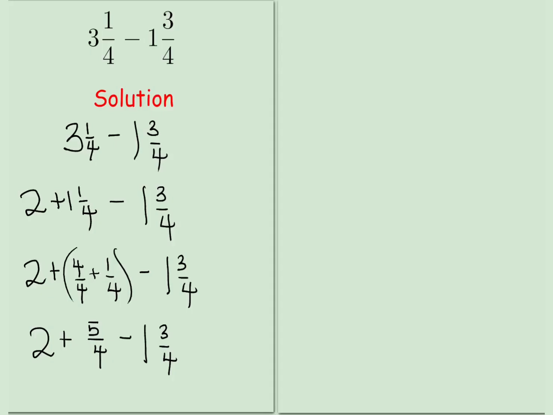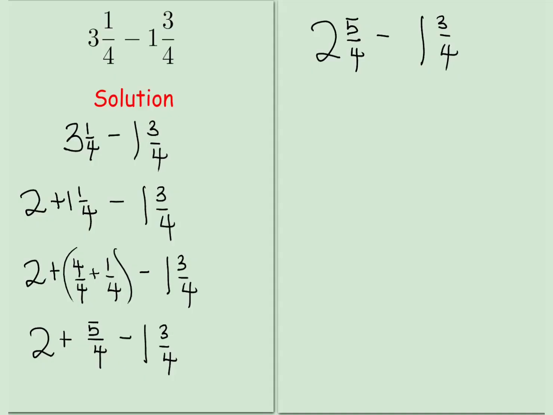So since it is this long, we can now simplify this to give us a 2 whole number, 5/4, then minus 1 whole number, 3/4. So we have just borrowed to rename this fraction into what we have here so that we don't get a negative number.